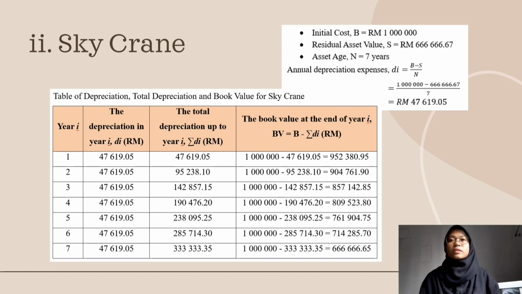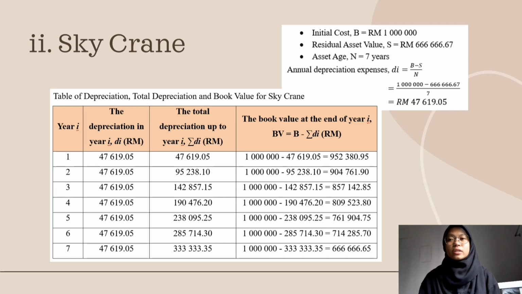For the next part, the sky crane depreciation value, it is the same process as the crane just now. The initial cost is 1 million ringgit, the residual asset value is 666,000, the chosen life is 7 years, and the annual depreciation expense is 47,619 ringgit and 5 cents. That is the depreciation value for the sky crane throughout the 7 years.